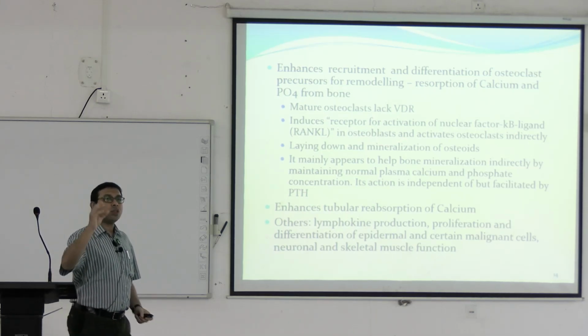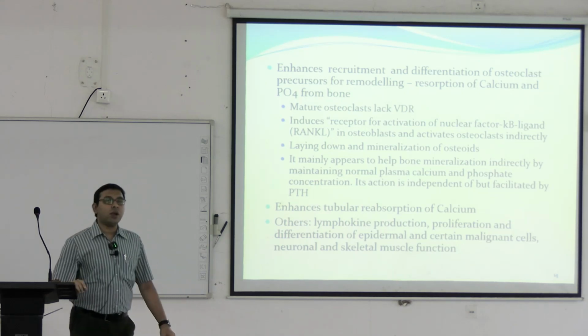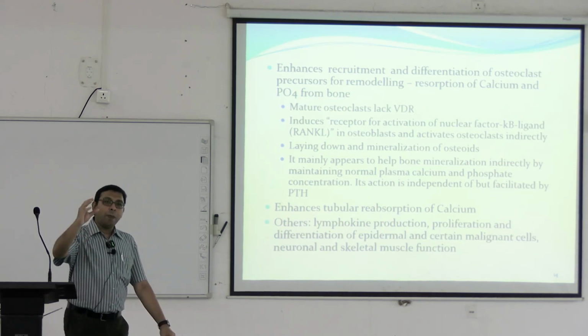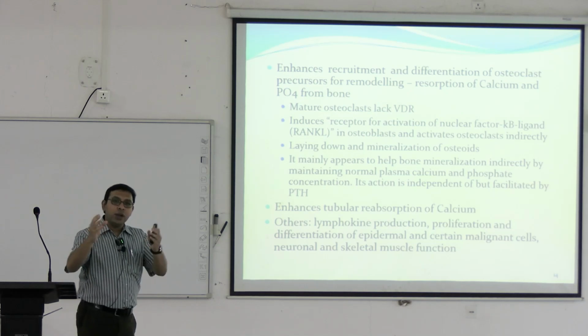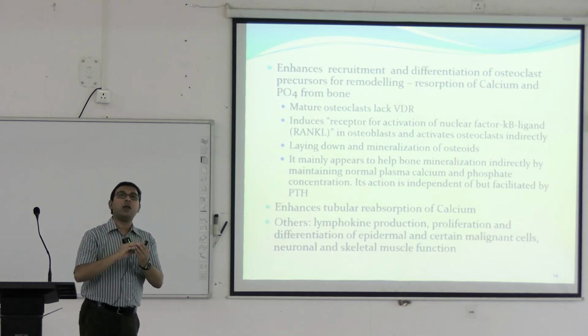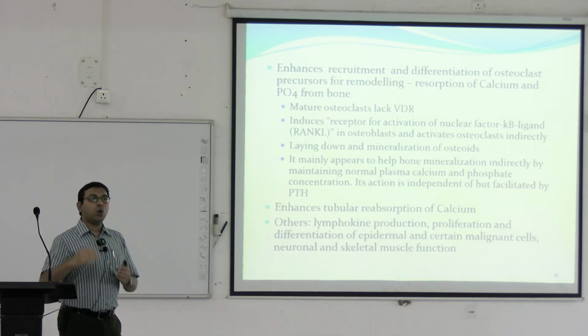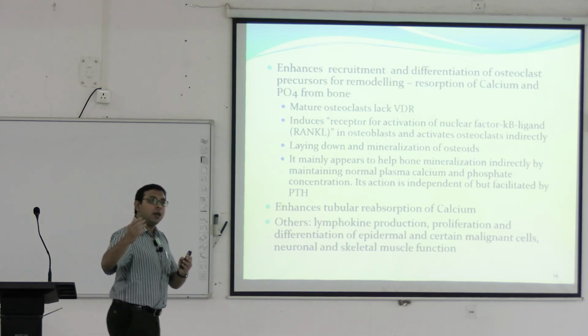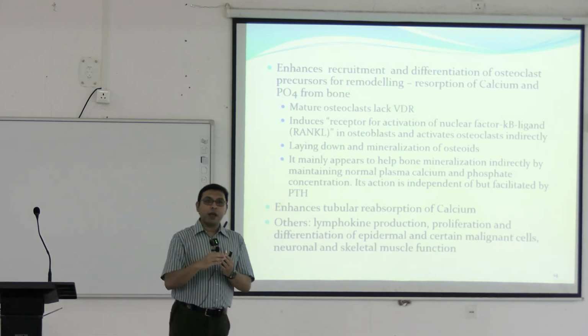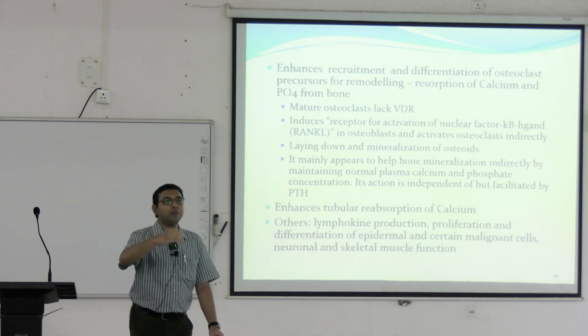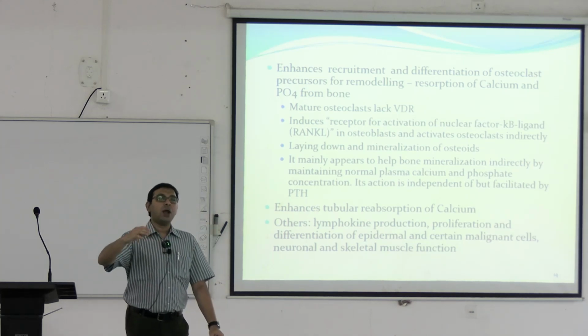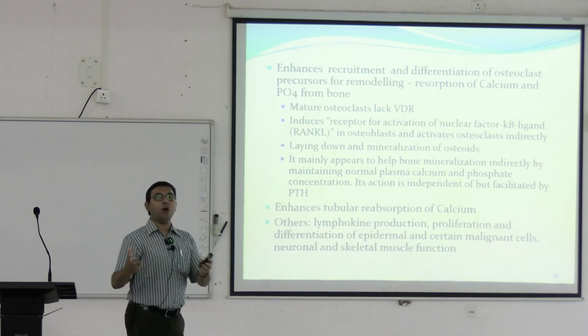Osteoblast contains this RANK ligand and attaches with the osteoclast through it so that the osteoclast becomes activated. Then some parts of the bone become resorbed, otherwise there would be more and more bone in our body.